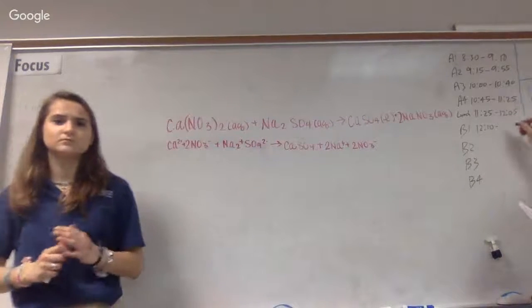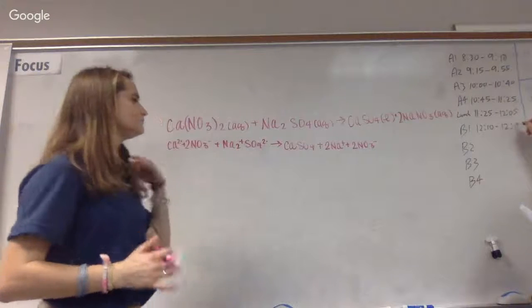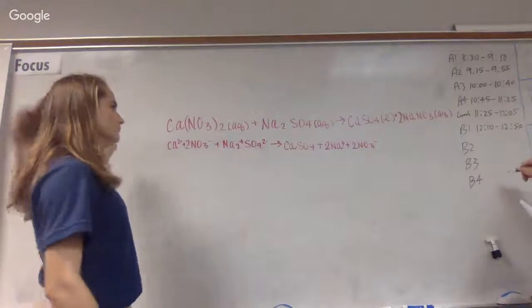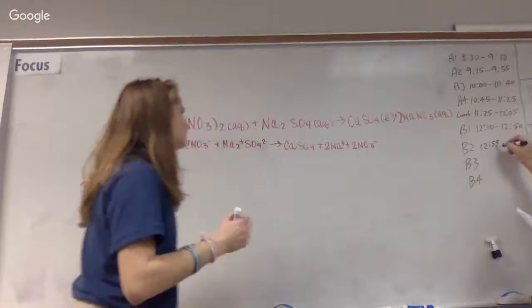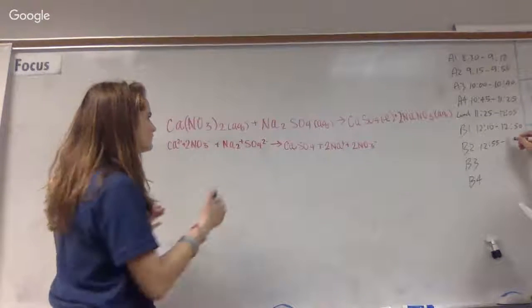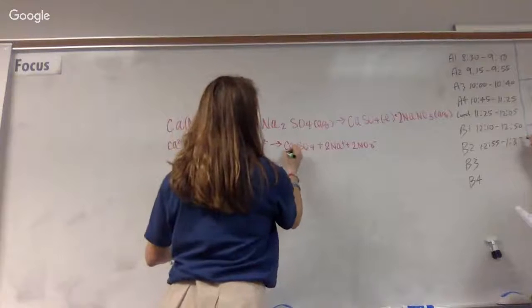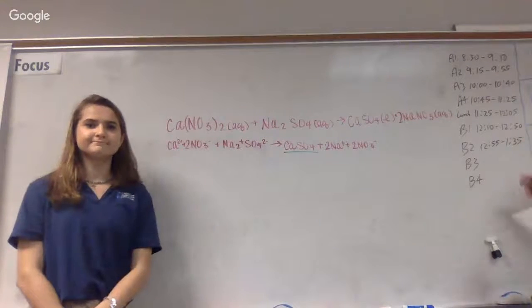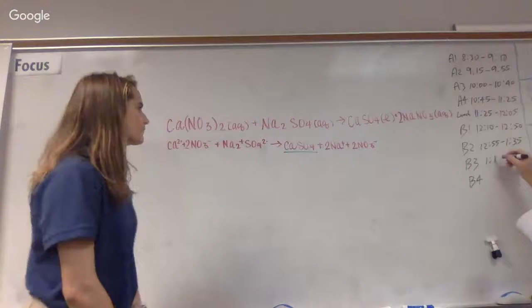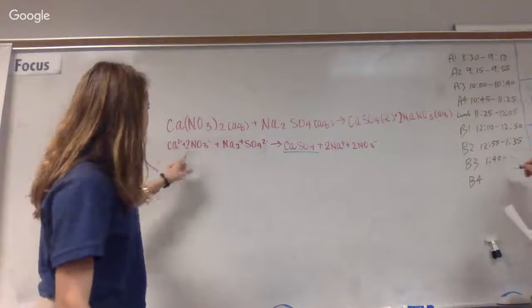Okay, so to see how we combined the coefficients with each one of these. Now, do me a favor, underline the only thing right there that is not an aqueous in our ionic equation. Okay, that's the only thing. And what two things are forming the CaSO4? Underline the two things.